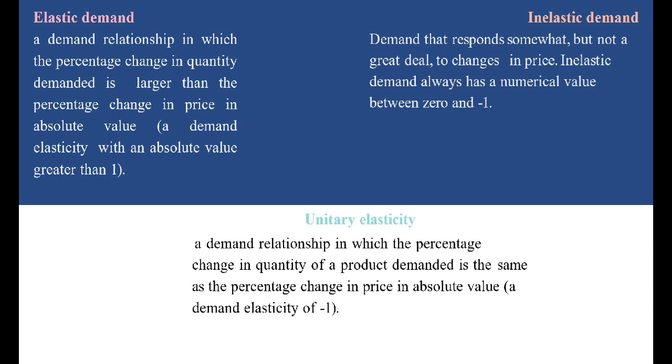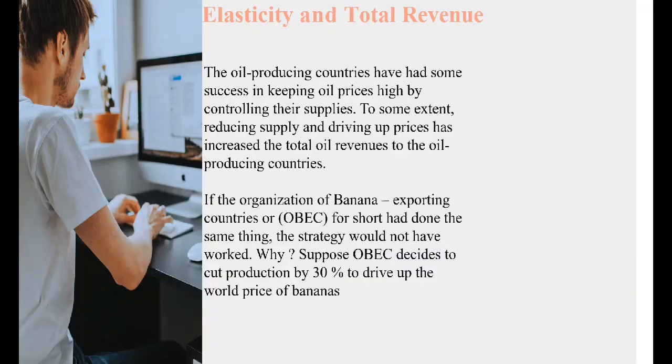Inelastic demand always has a numerical value between 0 and 1, while unitary elasticity is a demand relationship in which the percentage change in quantity of a product demanded is the same as the percentage change in price in absolute value, or a demand elasticity of negative 1.